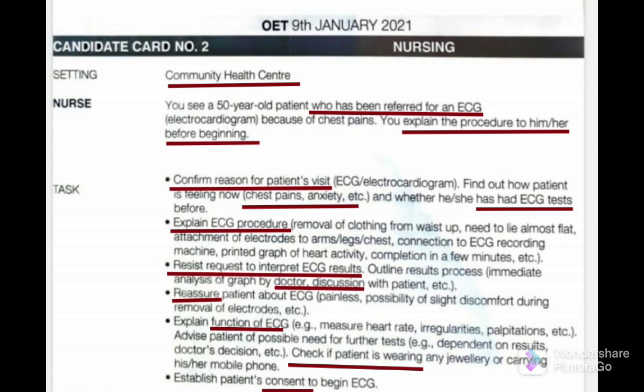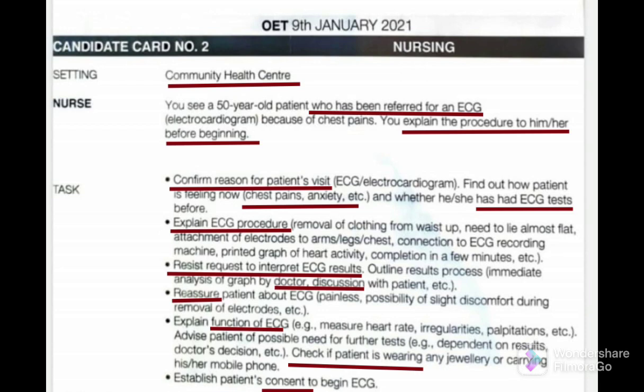We can ask like that because we are explaining something and we have to get the feedback whether it is clear for them. Then the patient will tell, yes, sister, it is clear for me. Then we can ask, do you have any concern about your procedure? Then he may ask whether, sister, after the procedure, you will interpret my ECG result or tell me the report.